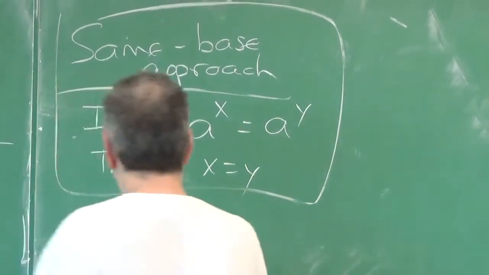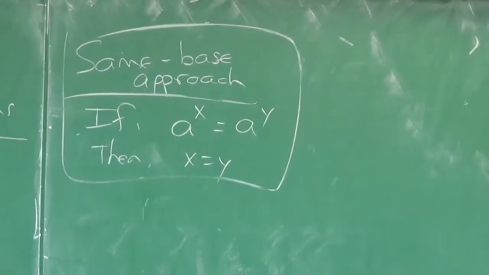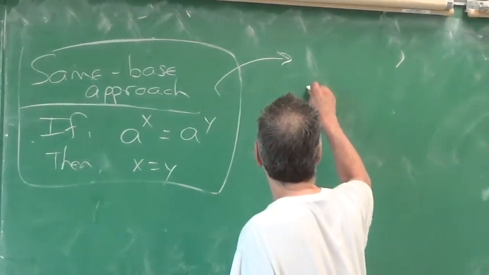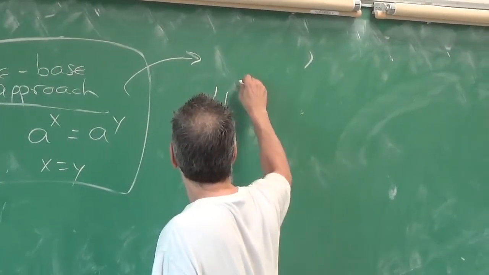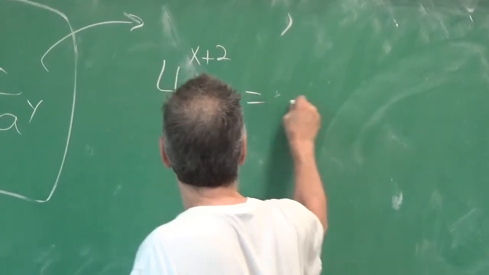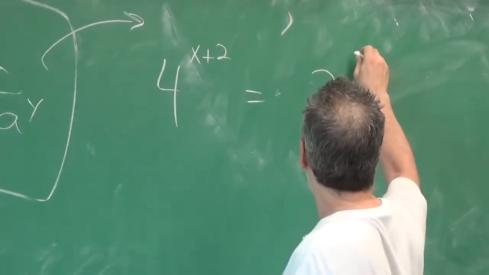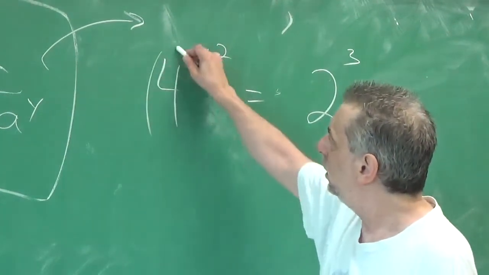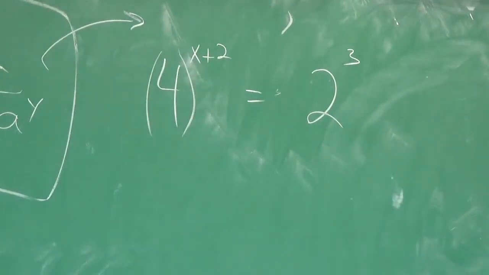So stepping up a level or 2 of difficulty from that first example, let's look at 4 raised to the x plus 2 equals 2 to the third. All right. So here we don't have quite the same base, but we notice that we can make that base into a base of 2.